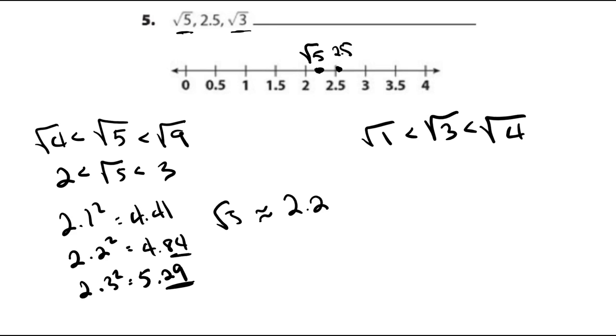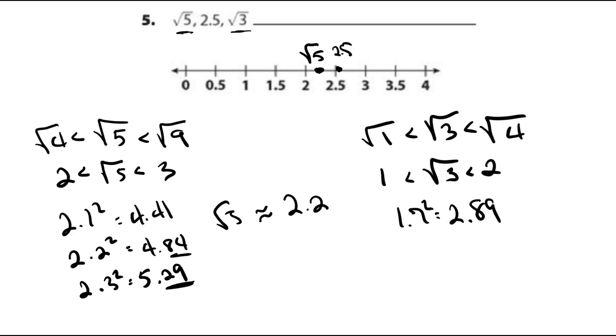It's between perfect squares 1 and 4, which means it's between 1 and 2. 3 is slightly closer to 4. We did this before. We square numbers that are closer to 2 than to 1, so we'll start with 1.7, and we'll square 1.7. And when you do that, you get 2.89.